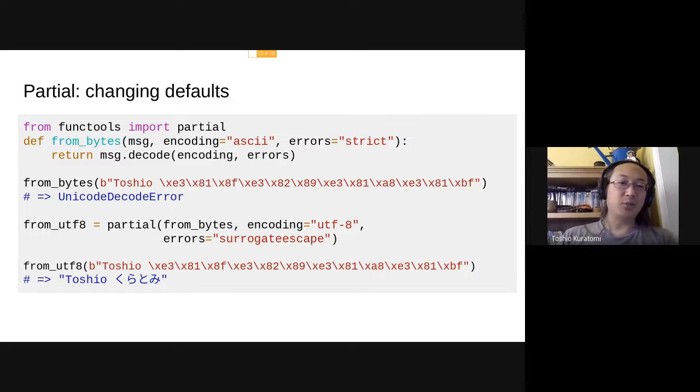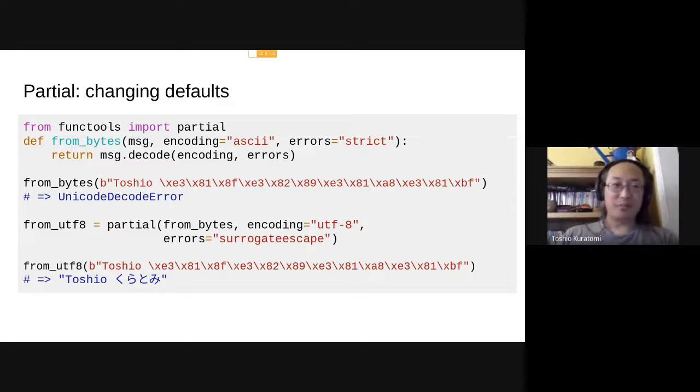What I can do is I can use partial to change the default values. So here I'm going to say from UTF-8 is a variable equals partial. From bytes is the function that partial is going to use. And the parameters I'm going to override are encoding, set that to UTF-8, errors equals the surrogate escape error handler. Now when I call from UTF-8, under the hood it's calling from bytes.